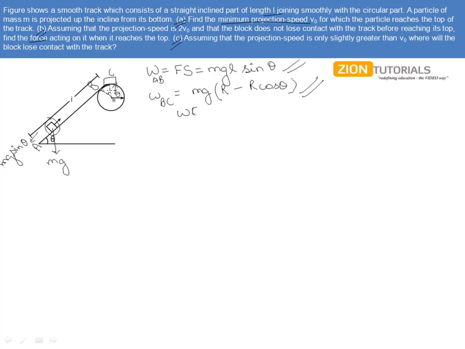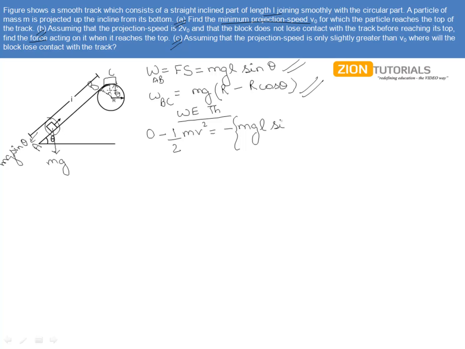So this is the total work done. Employing the work energy theorem, here we have the change in the kinetic energy. If the initial velocity is v0, then we have the final velocity being 0. So kinetic energy final being 0, initial being half m v squared, equal to total work done, and work done will be negative, obviously, because it is in the opposite direction of the gravitational pull.